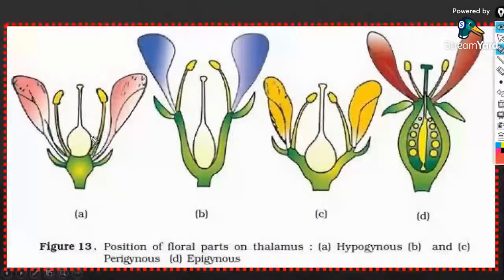Look guys, this is the ovary. I hope you can clearly see the red color. This is the ovary, whereas this is the sepal, this is the petal and this is the androecium. So all the other floral whorls are originating below that. I will zoom in for you.